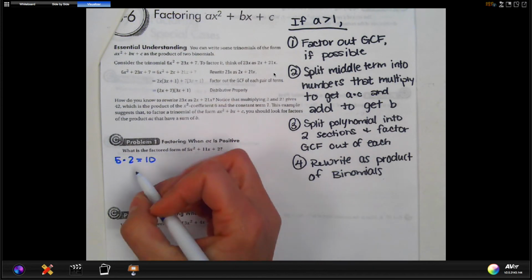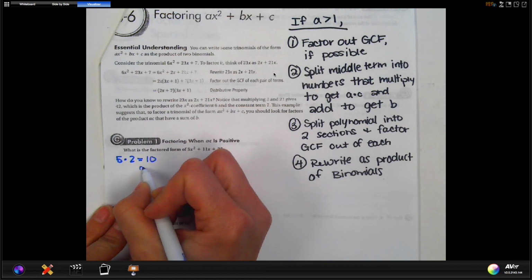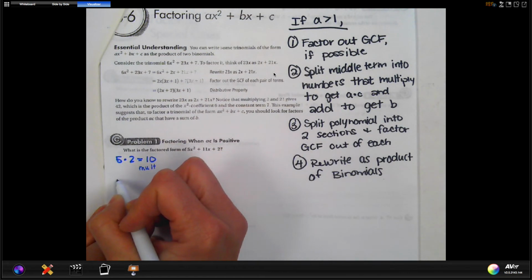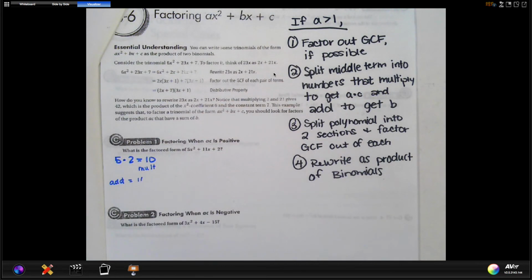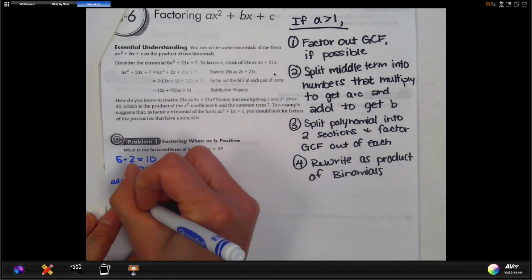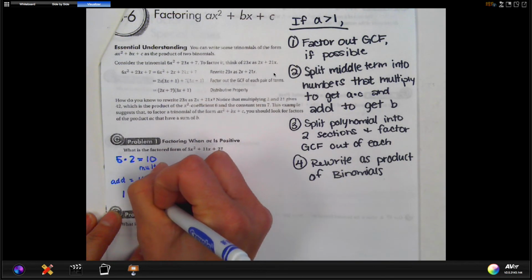So we need them to multiply to get 10 and add to get 11. Okay, so 2 terms is what we need. Alvin, what are the 2 terms? So we're going to use positive 1 and positive 10 for our terms.